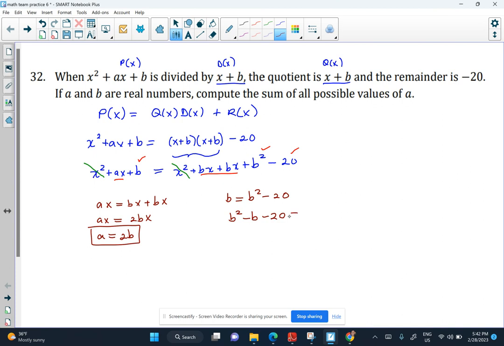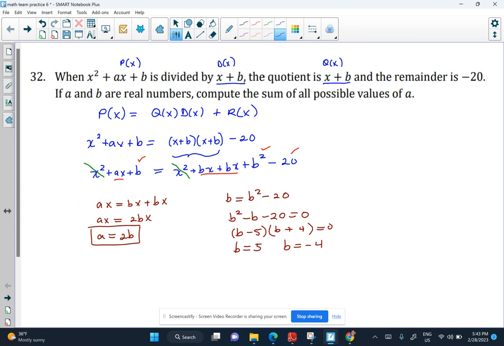Well, that's certainly an equation I can factor. Two factors that multiply out to negative 20 and add to negative 1 are negative 5 and positive 4. So one value of b is 5, and the other value of b is negative 4.